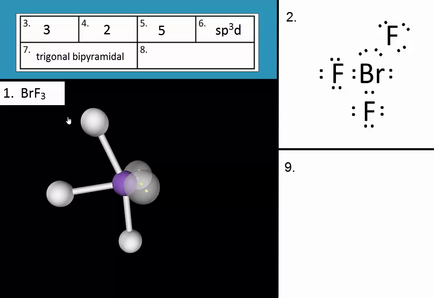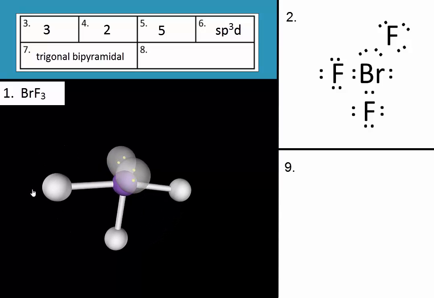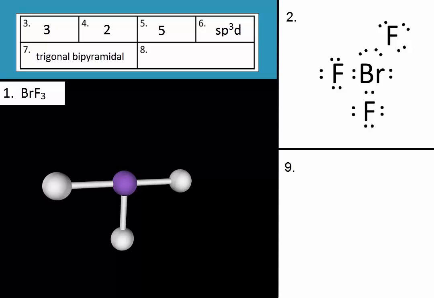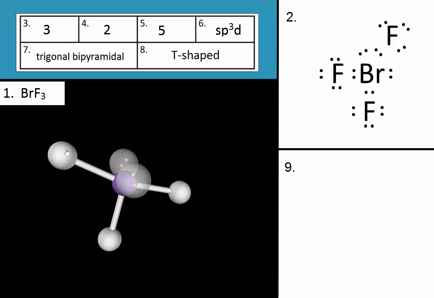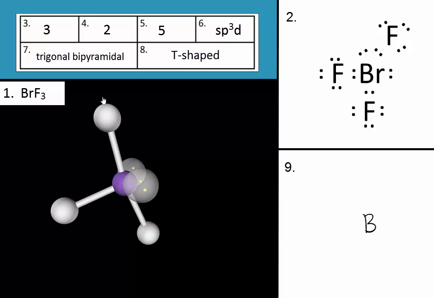Now let's make the lone pairs invisible, and if I move the molecule like this, what letter does that remind you of? It looks a lot like a capital T to me, and well, that's what its name is. It's called T-shaped. So let's record that into our chart.